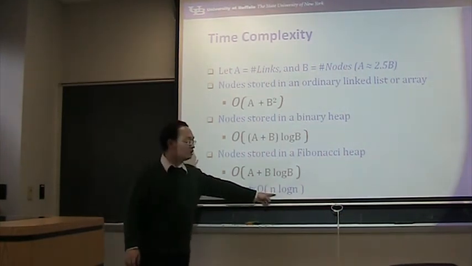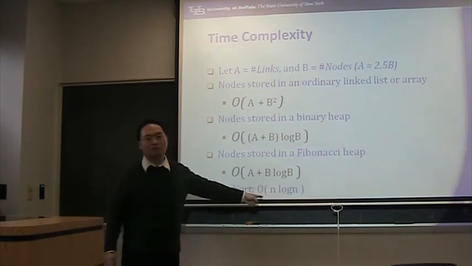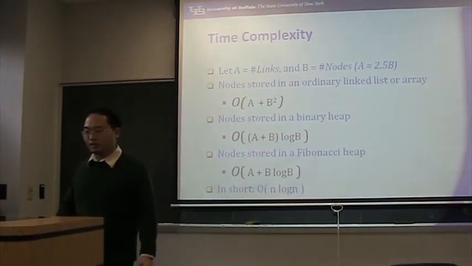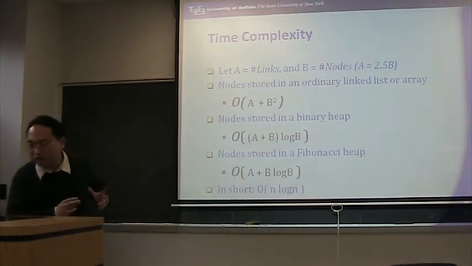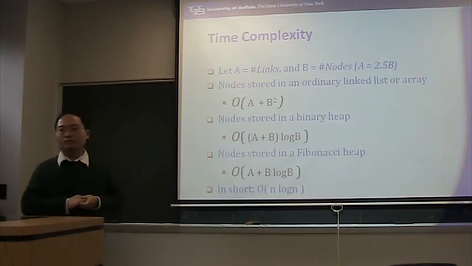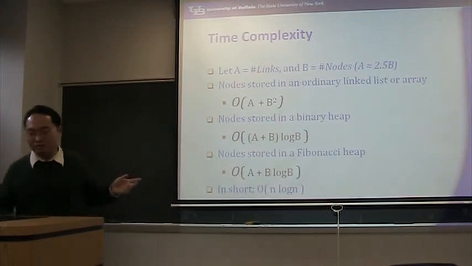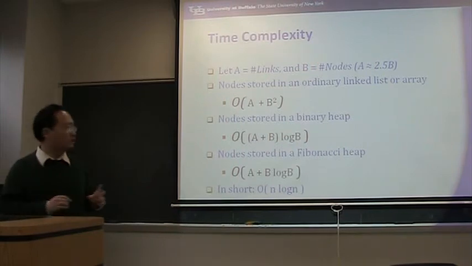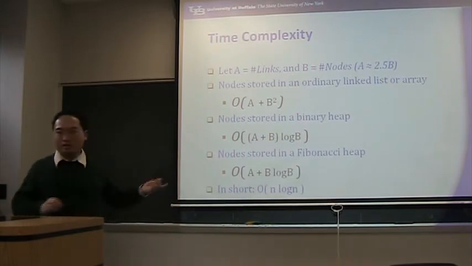Remember this. This is the time complexity of Dijkstra's algorithm. N is the number of nodes. You don't need to derive this, but remember.